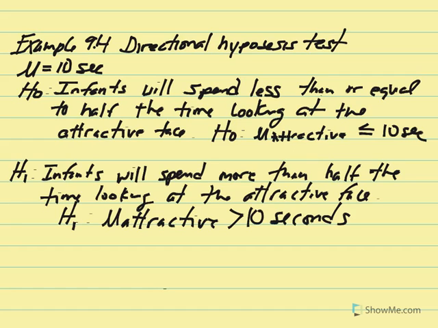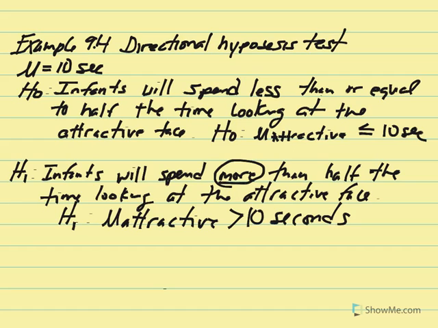In other words, instead of just saying there's no preference, now we're saying that the infants are going to spend more time. Again, that word more is indicative of a directional hypothesis. So because you have that at the forefront of your mind, it's easier to verbalize and begin with the alternative hypothesis. So my recommendation is always to write that one first.